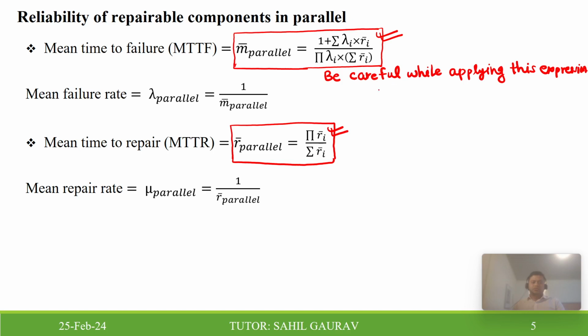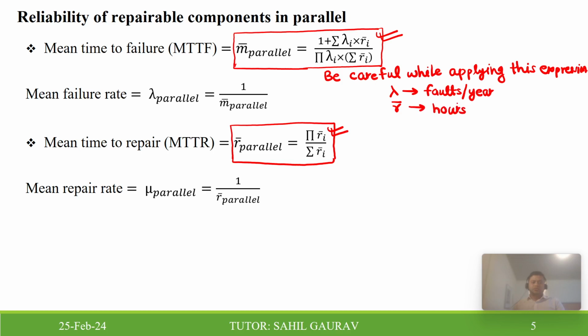Here in the problems, whatever they give, they provide lambda, the failure rate, in terms of faults per year, while this R bar, the mean time to repair, they provide in hours.